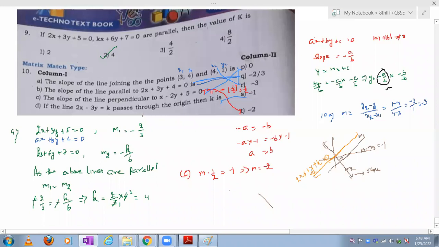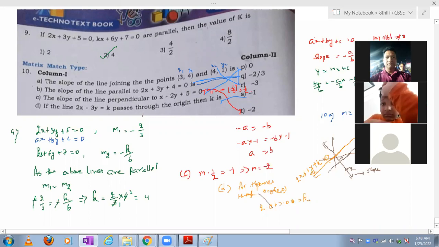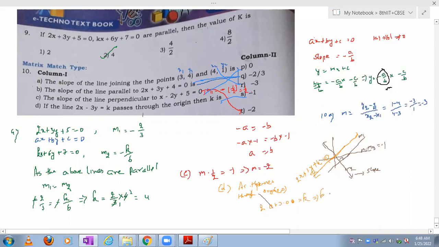If it passes through the origin, it must satisfy 0 comma 0. Origin means 0 comma 0. So it must satisfy 2 into 0 plus 3 into 0 plus k is equal to 0. 2 into 0 is 0, 0 plus 0 is 0. So k is equal to 0. Got it? Yes, sir.